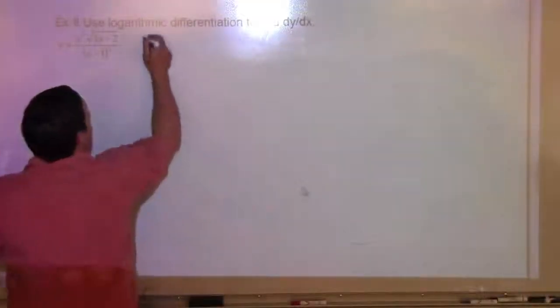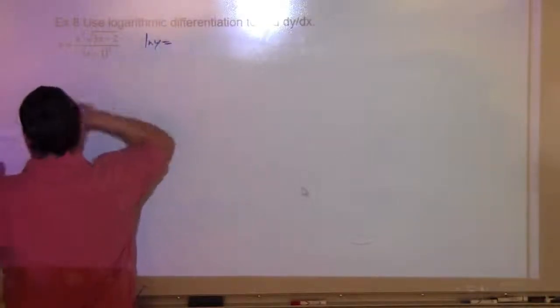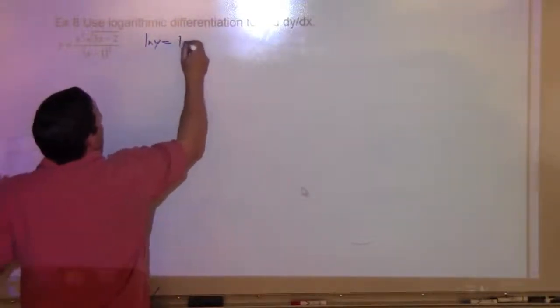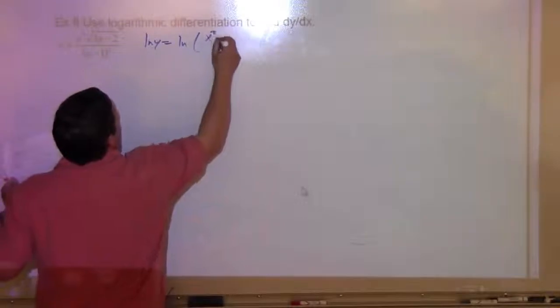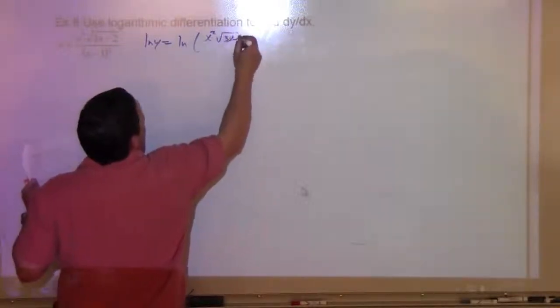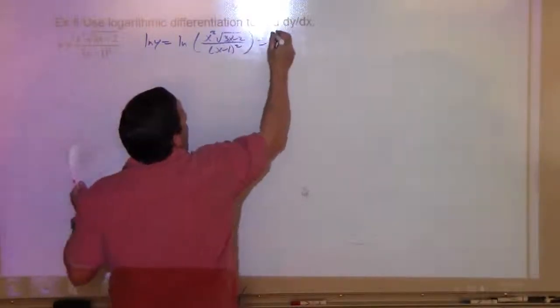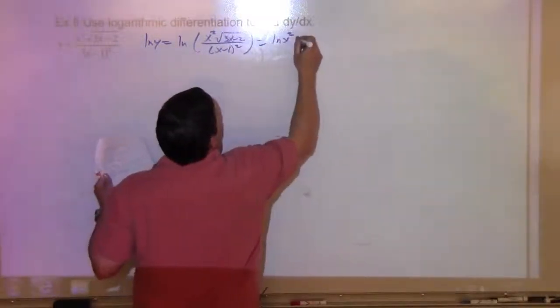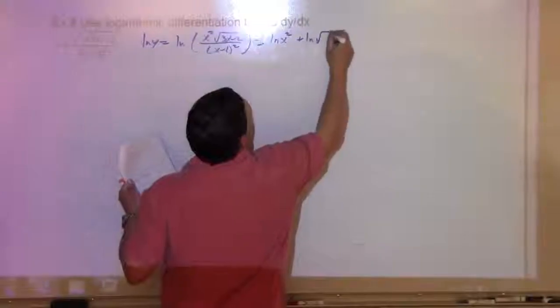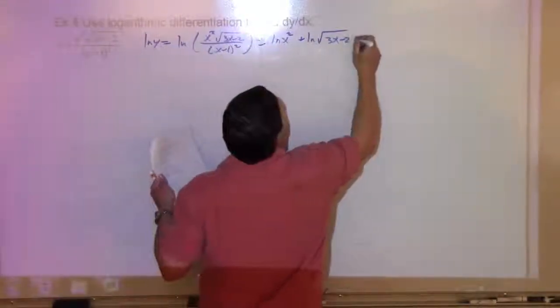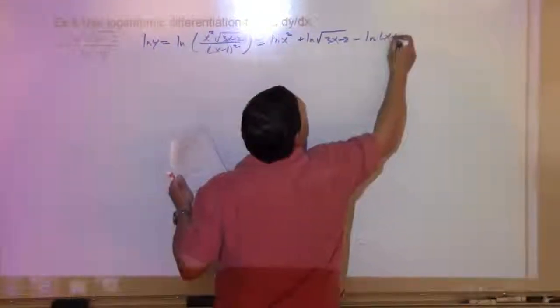Now, natural log of y would be natural log of x squared times the square root of 3x minus 2 over x minus 1 squared. That would become the natural log of x squared plus the natural log of the square root of 3x minus 2 minus natural log of x minus 1 squared.